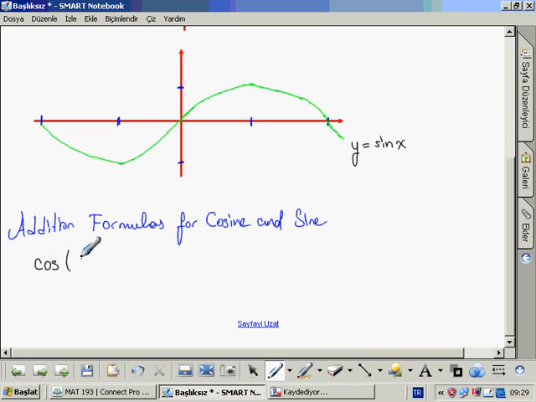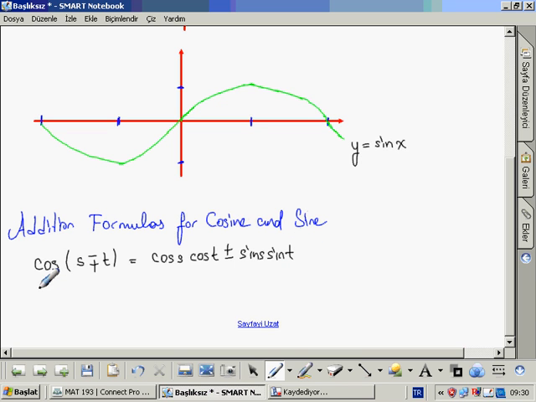Cosine of s plus or minus t equals cosine s cosine t, minus or plus. The sign position will be changed, sine s sine t.